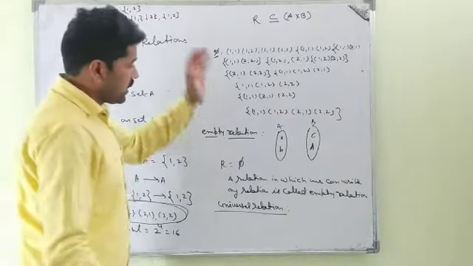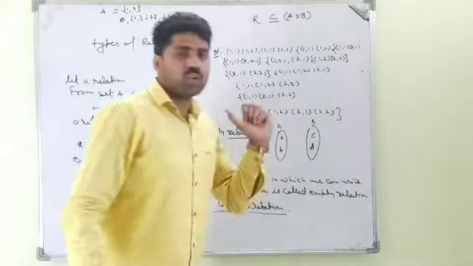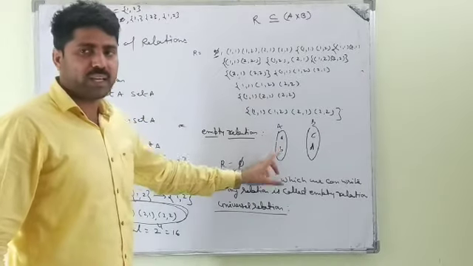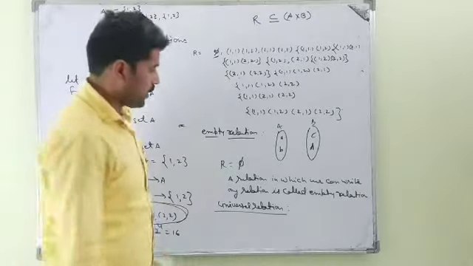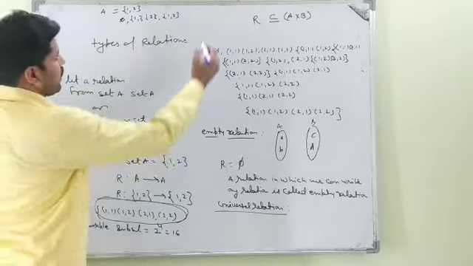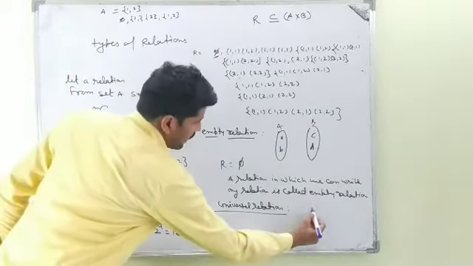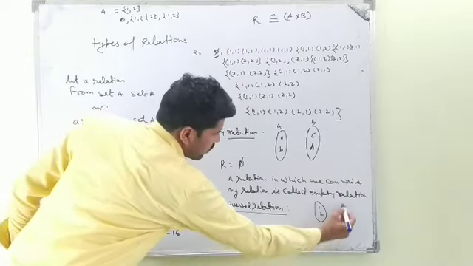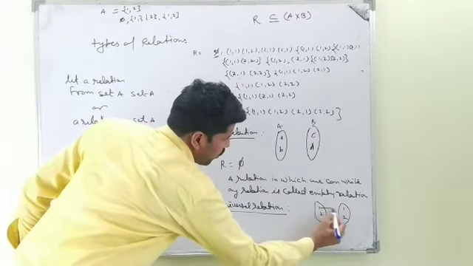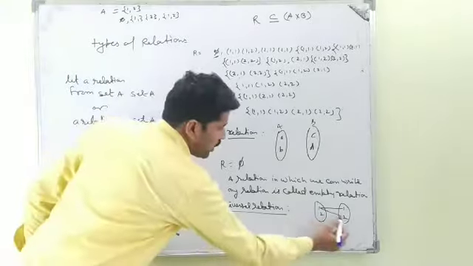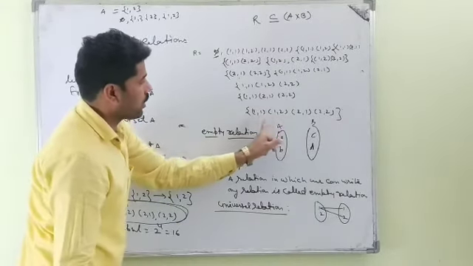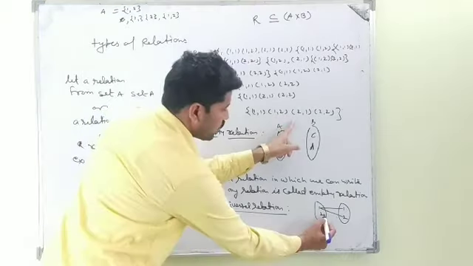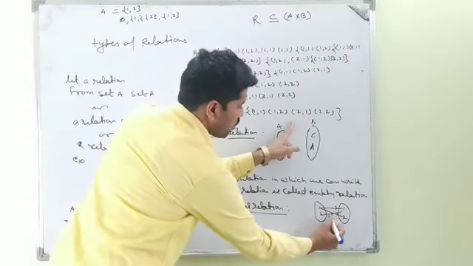Universal means all the elements of set A have an image with elements of set B. For example, here: 1 with 1, 1 with 2, 2 with 1, and 2 with 2.